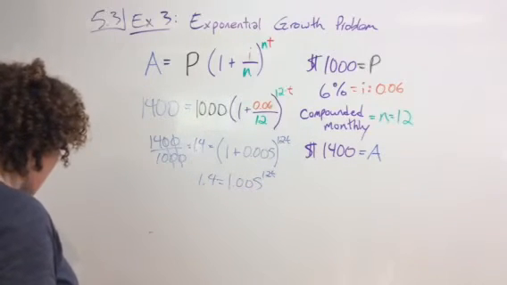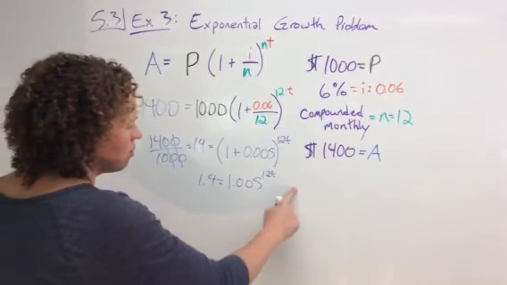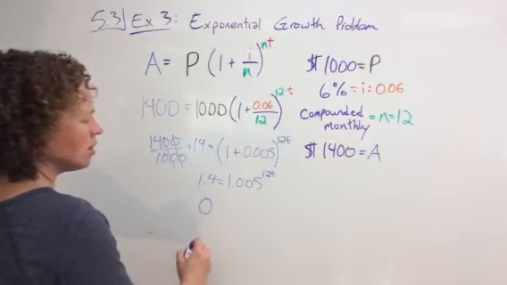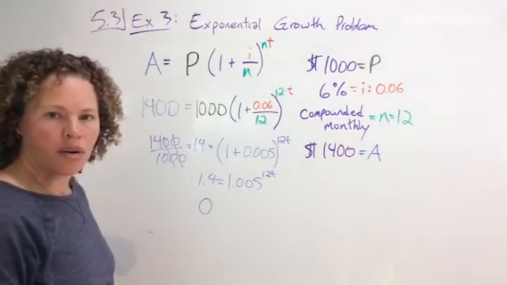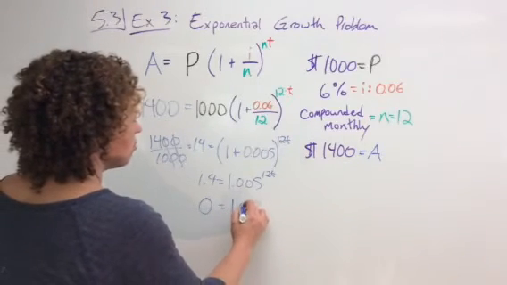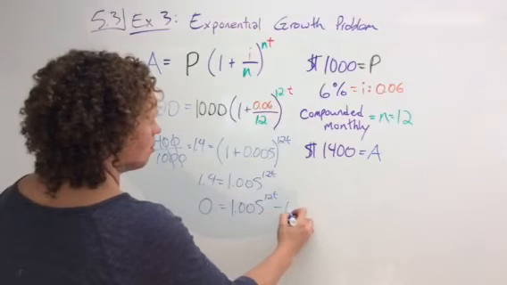So we have to change it a little bit. What we've got to do is move this 1.4 over to this side of the equation. And so we would leave this as 0 because we're going to be using our y or x-intercept to solve the equation. So it's 1.005 to the power of 12t minus 1.4.